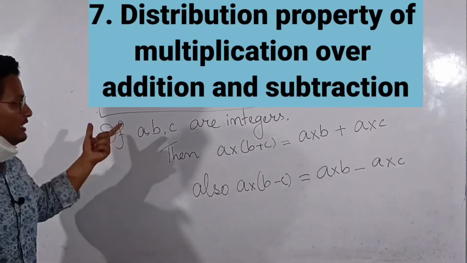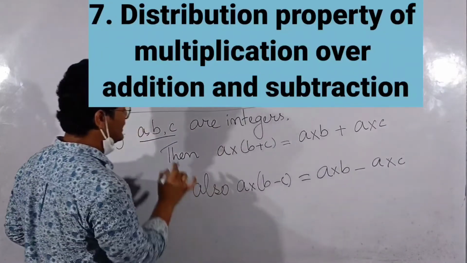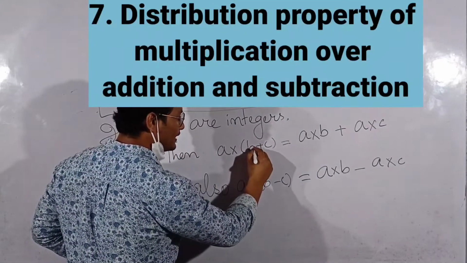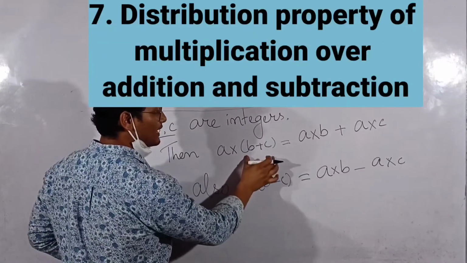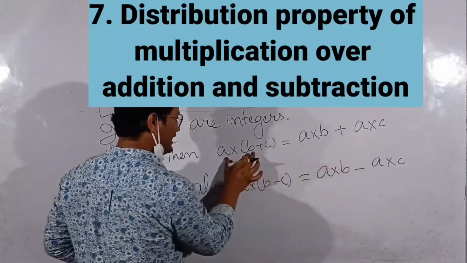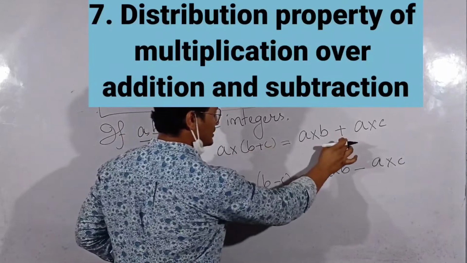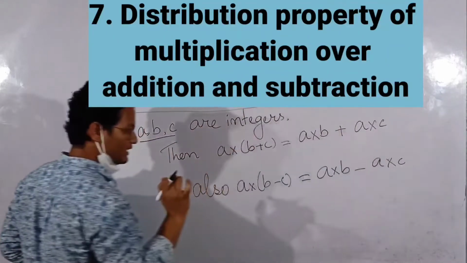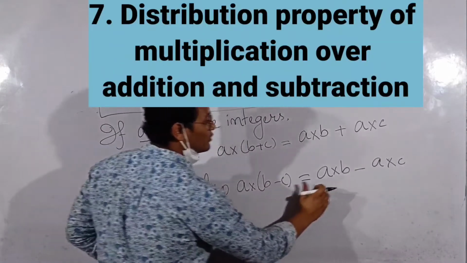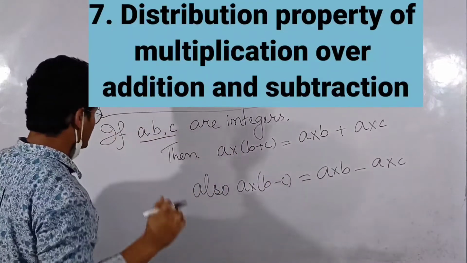The property says that if a, b and c are integers, then a into bracket b plus c is equal to a into b plus a into c. Also, a into bracket b minus c is equal to a into b minus a into c.